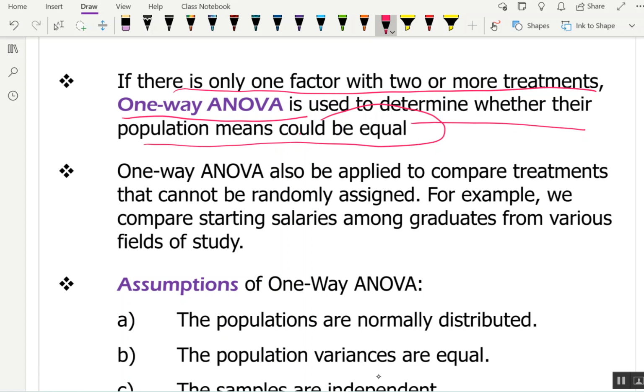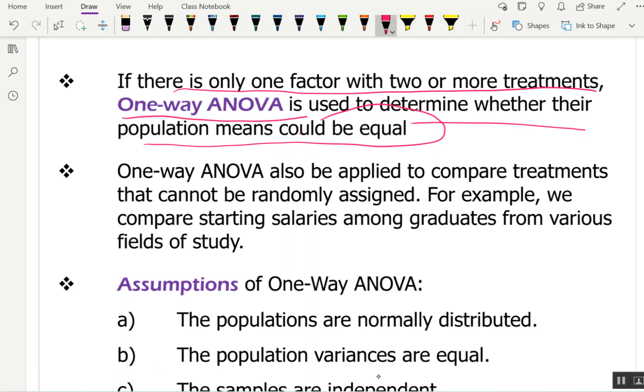Because we want to see whether the population means are different or not, we put a hypothesis that is contrary to that, the null hypothesis, saying that the population means of all of these groups are equal. So this is what the statement means.